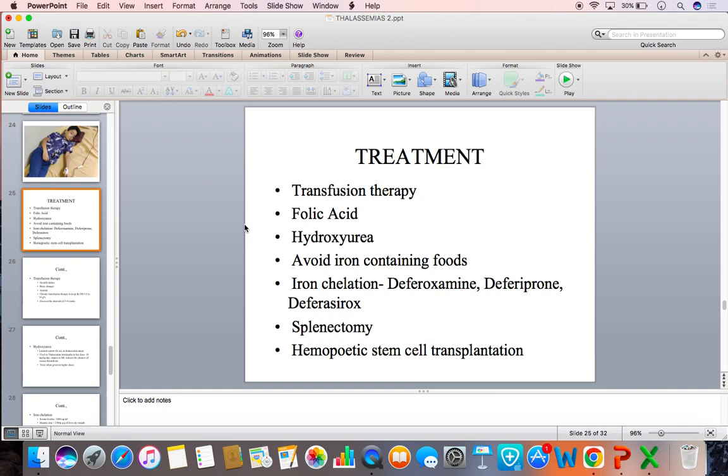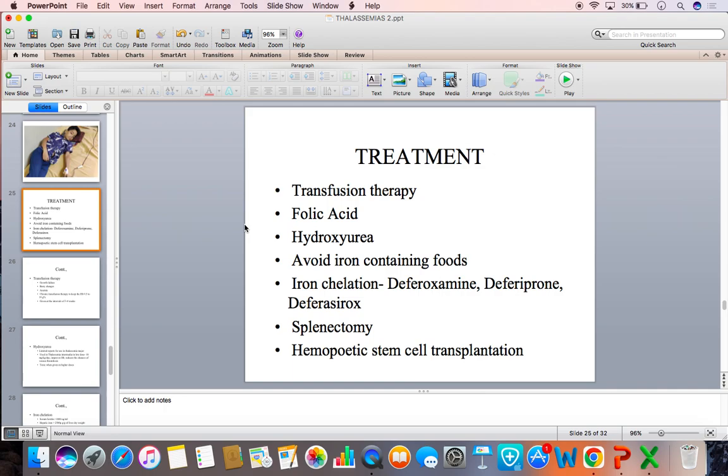Avoid iron containing foods. Counsel the parents. Explain to them to avoid the iron containing food. Provide a good nutritive diet.